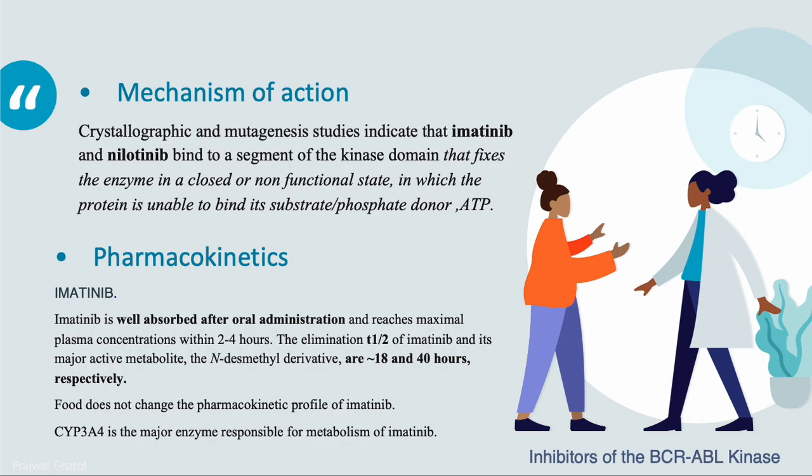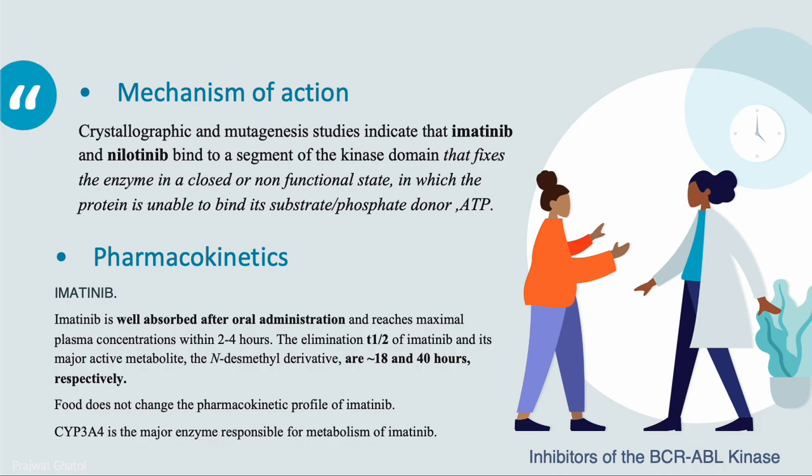Crystallographic and mutagenic studies indicate that imatinib and nilotinib bind to a segment of the kinase domain that fixes the enzyme in a closed or non-functional state in which the protein is unable to bind its substrate phosphate donor ATP. Let's discuss the pharmacokinetics of all the drugs.